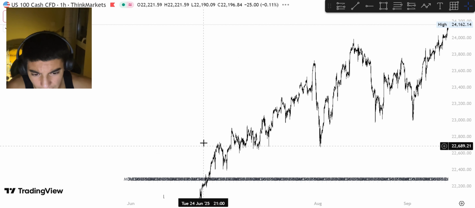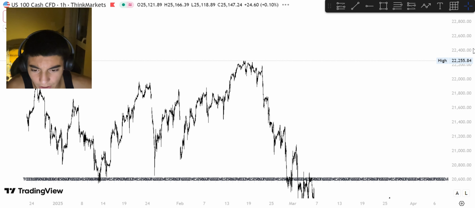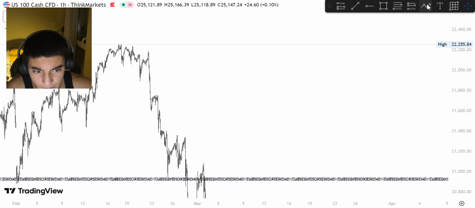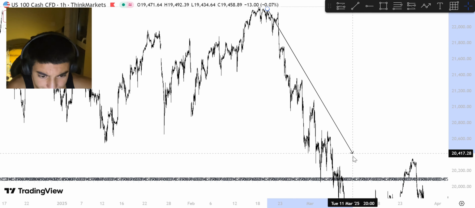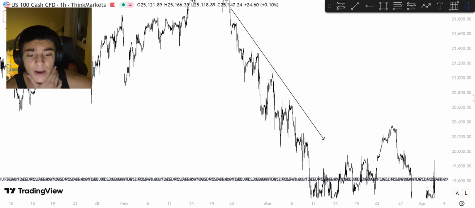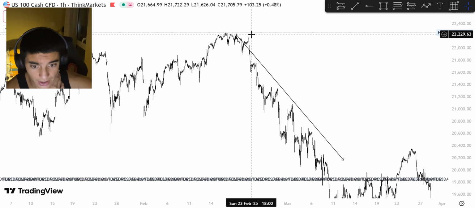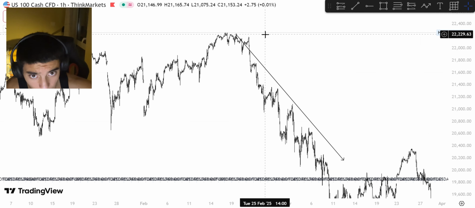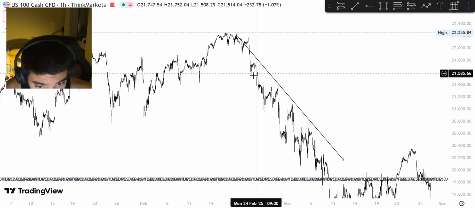And let me try to find a bearish trend so you could see the opposite. Yeah. As you can see right here, this is a pretty significant bearish trend, right? This is on the NASDAQ. Why is it a bearish trend? As you can see, we had a lower high, then we had a lower low.